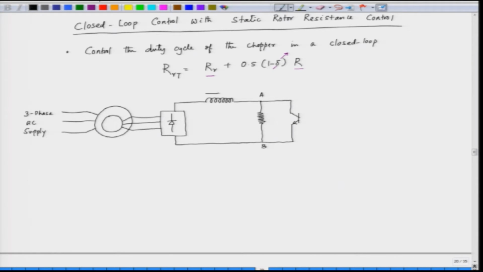So, this is the DC link current ID which we need to control. This is the resistance R.